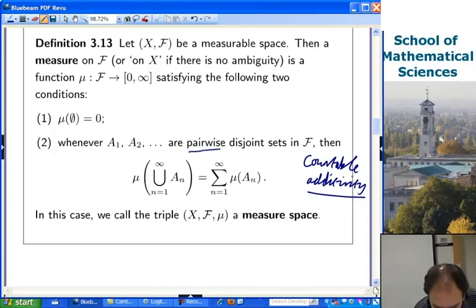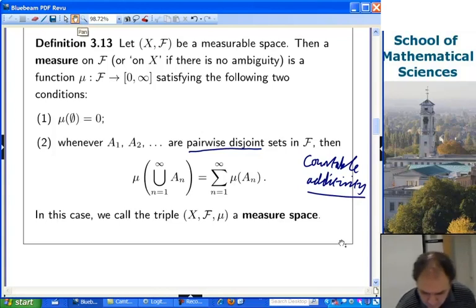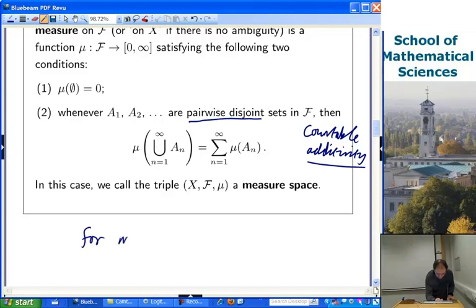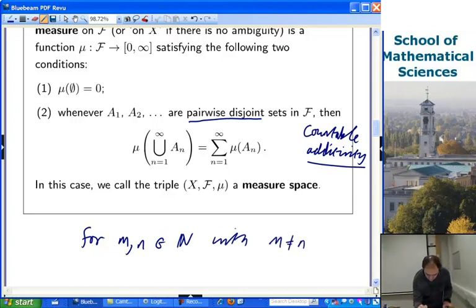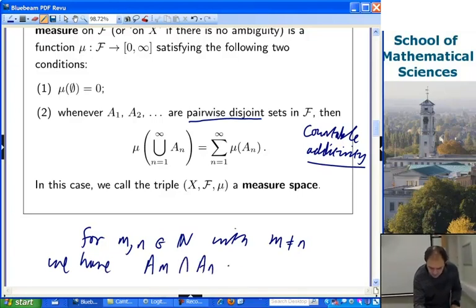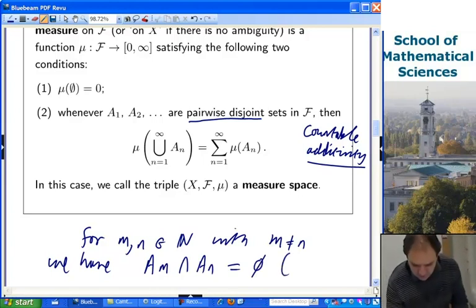So this pairwise disjoint business: for m and n in the natural numbers with m not equal to n, we have A_m intersection A_n equals the empty set. That's the pairwise disjoint bit.